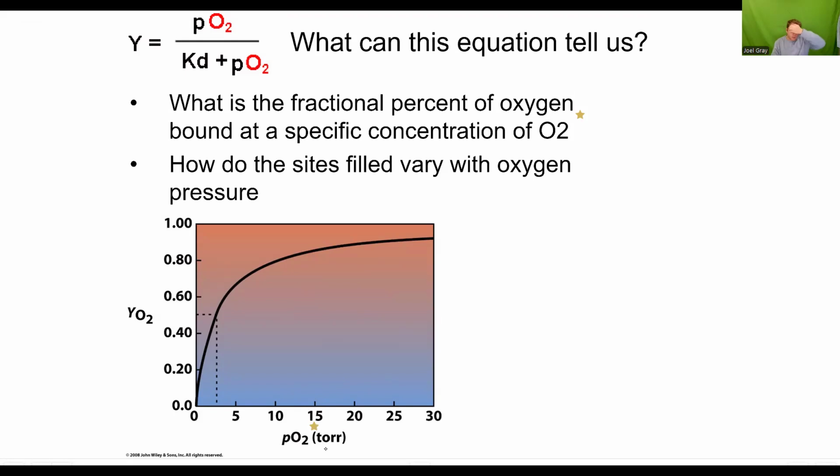Let's say you have a myoglobin protein that is in an environment where the O2 concentration is 15 torr. My question for you is what percent of that myoglobin protein is saturated with oxygen? So we look along our x-axis and then we find the coordinate. If you were to make an estimation based on this picture right here, what percent of myoglobin do you think is saturated?